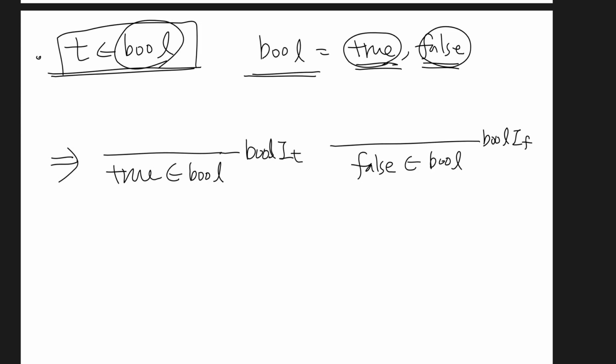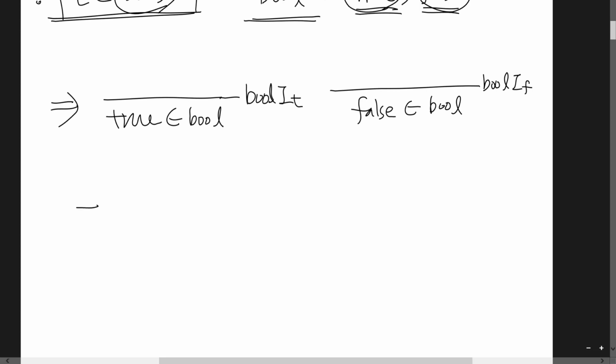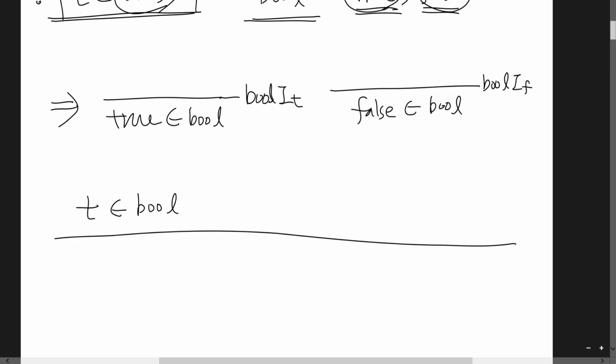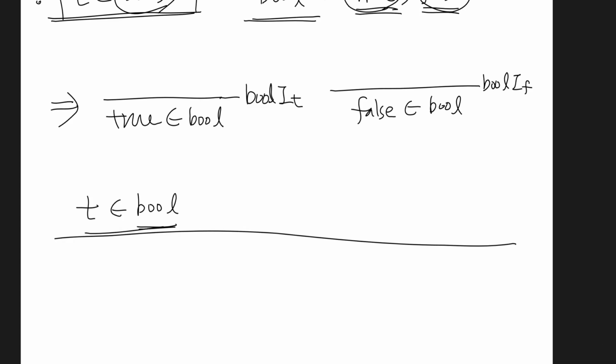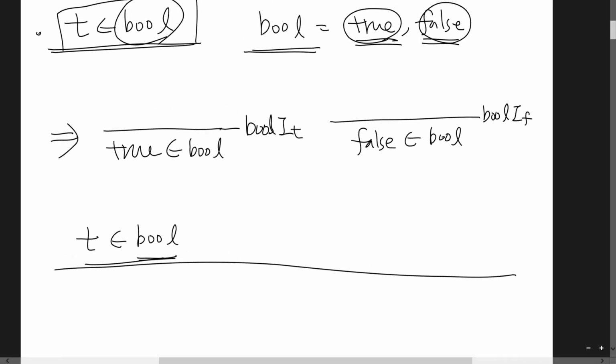Now let's talk about the elimination rule. Elimination rule starts with a judgment of this form. There exists a term t which is known to have data type bool, and we'd like to exploit this judgment to deduce something else. So in general, it's unknown whether this term t is actually equivalent to true or false.